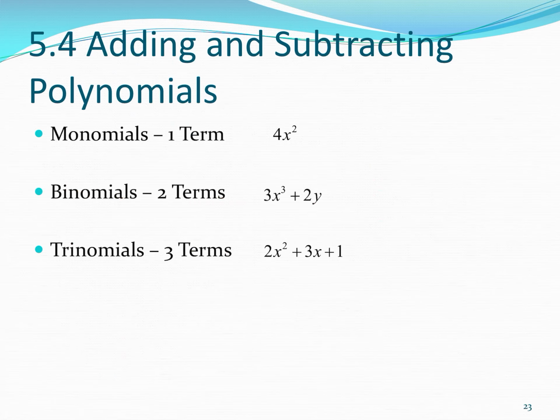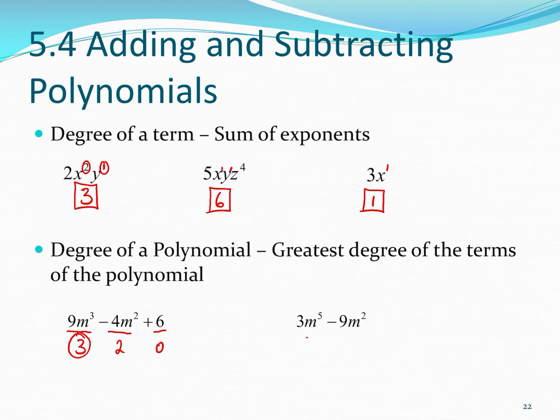For the last term, it's technically a degree of 0. Which number is higher? 3 is higher. 3 is the degree. Hopefully that makes some sense. On the next one, if you look at the degree of each term, the first term has a degree of 5. The next one has a degree of 2. Obviously, 5 is higher. That's the degree of the whole thing.